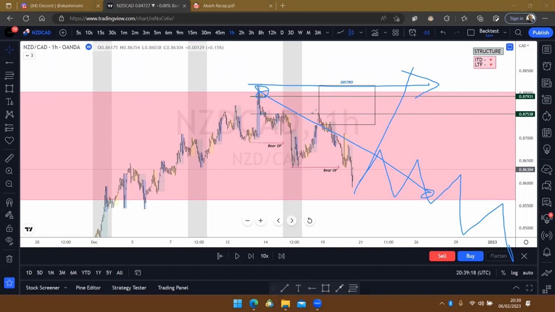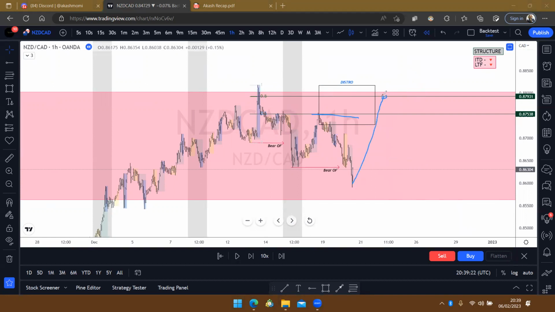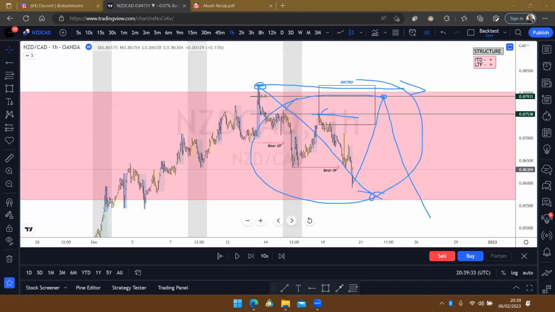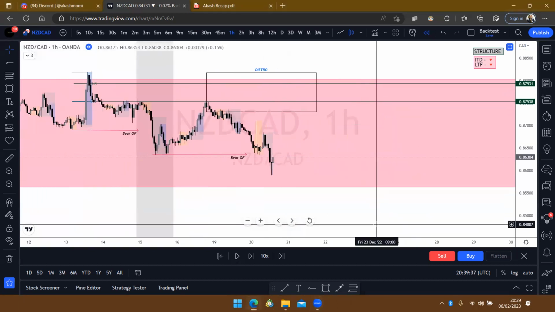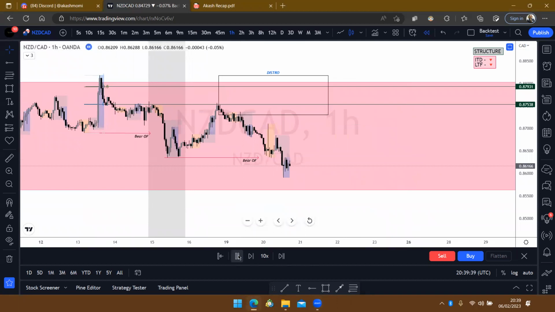If we respect that 80 and then we come back down, that would not confirm the reaccumulation. What needs to confirm the reaccumulation is this. So this is still what's maintaining my leg, not these little puny things. Gotcha. Cool. So that's what I'll be waiting on.